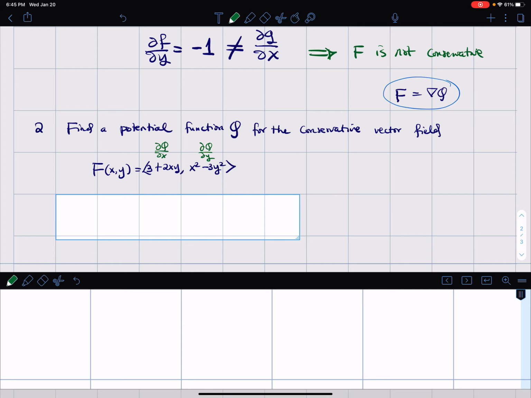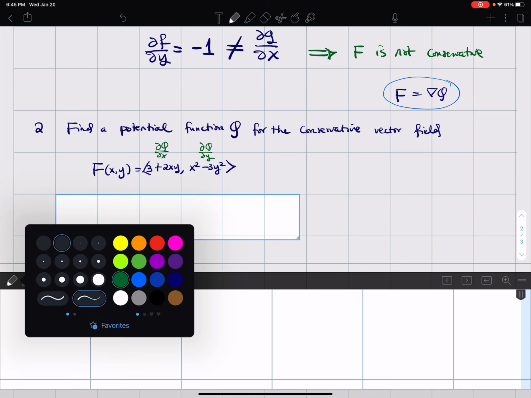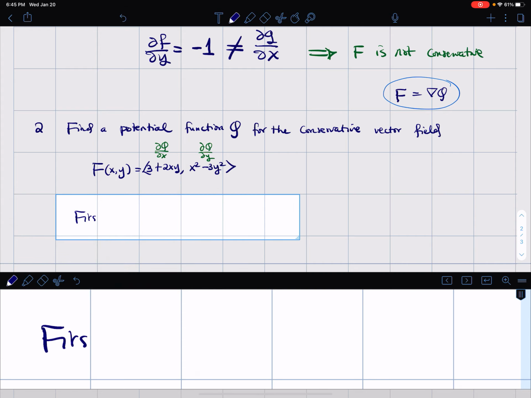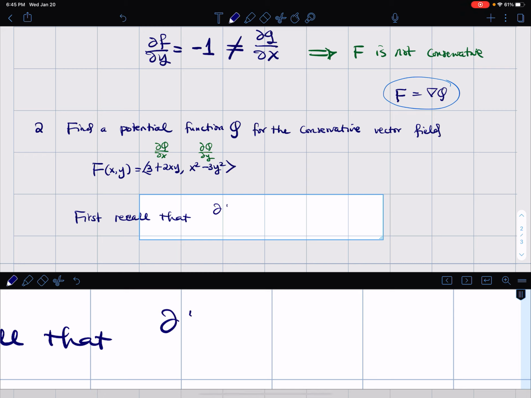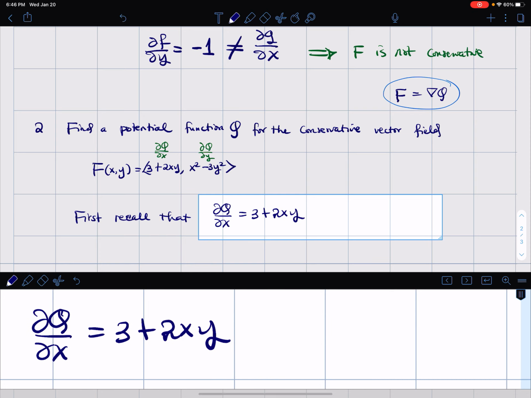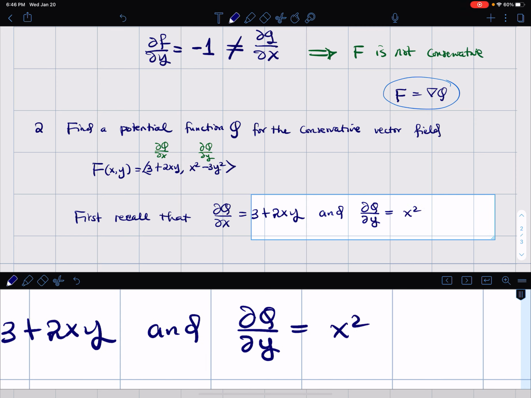All right. So let's first recall that dphi/dx is equal to 3 plus 2xy and dphi/dy is equal to x squared minus 3y squared.